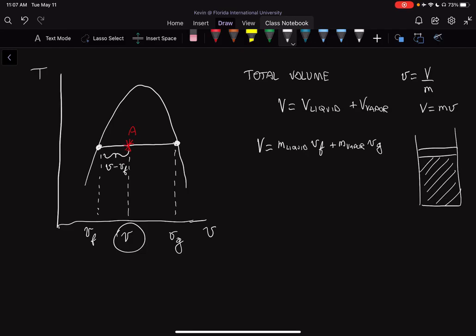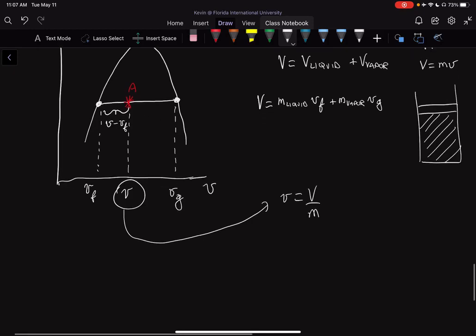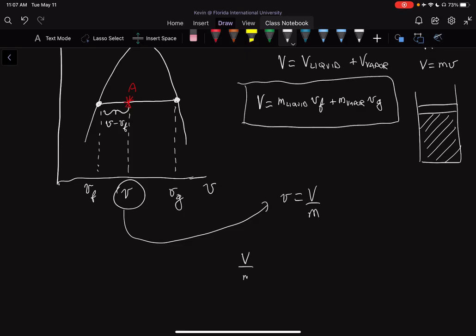Now, if we say that our v is equal to V over M, then what we can say is that if we divide everything by M, we take this equation up here and divide everything by M. So V over M is equal to M liquid.